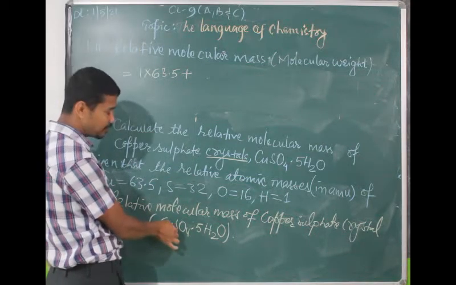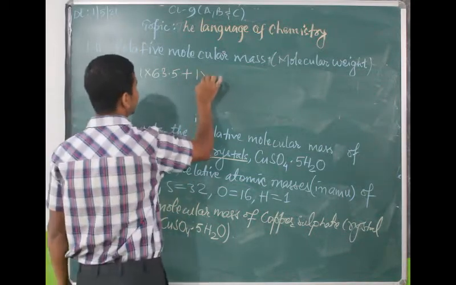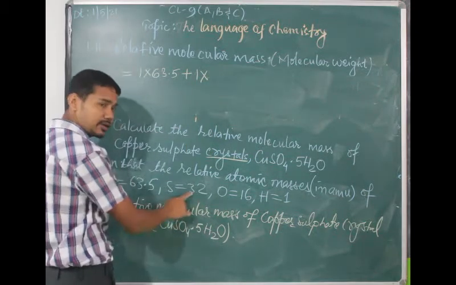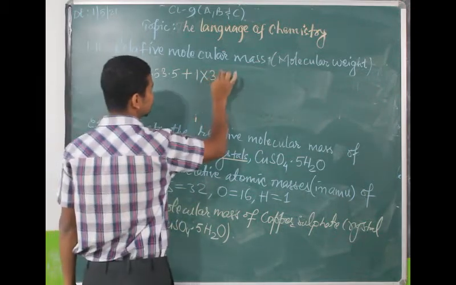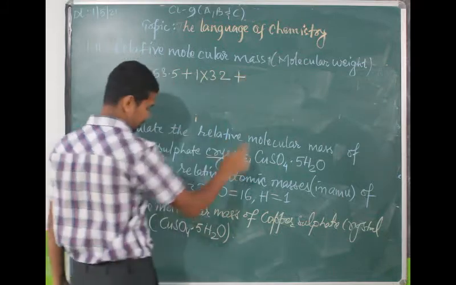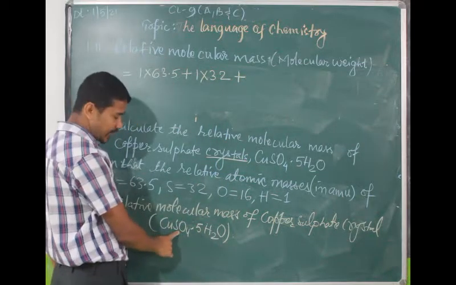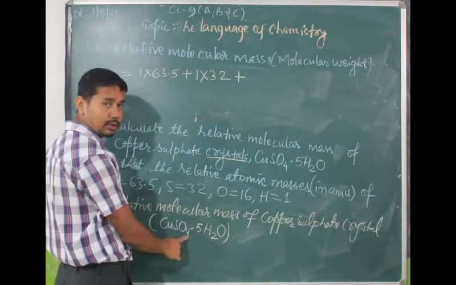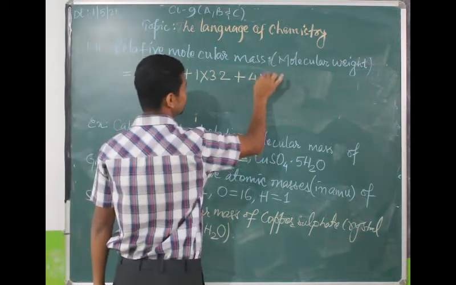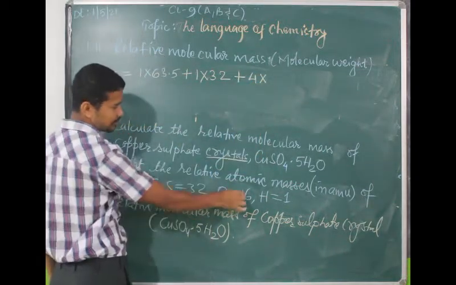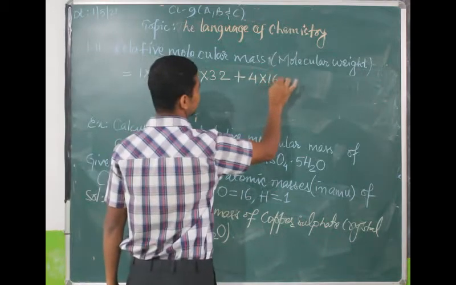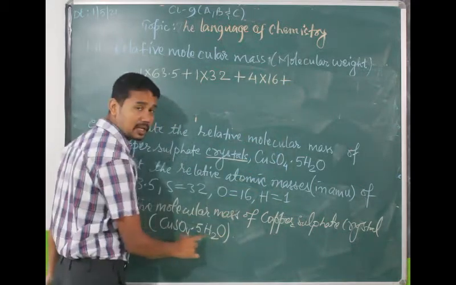How many atoms of sulfur are there? Only 1. So, 1 into 32, plus. Now, oxygen. How many atoms of oxygen are there? 4. So 4 into 16, plus.